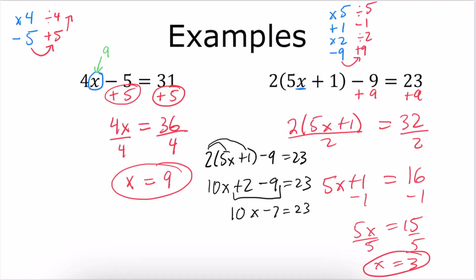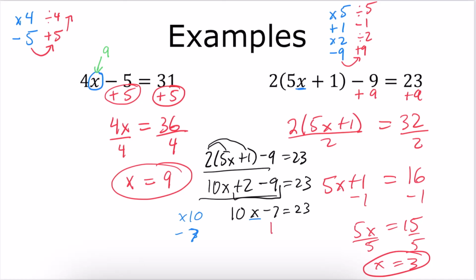And it's important to note here that we haven't actually started solving the equation in the typical sense of using the properties of equality, because we haven't done anything to both sides of the equation. We've just been simplifying the left-hand side of the equation. And once the left-hand side is fully simplified, then you would work backwards of order of operations and you'd say, if I knew what x was, I would multiply by 10 and then I would subtract 7.